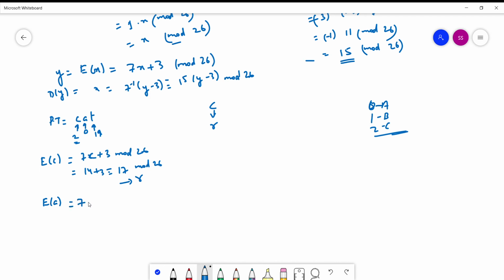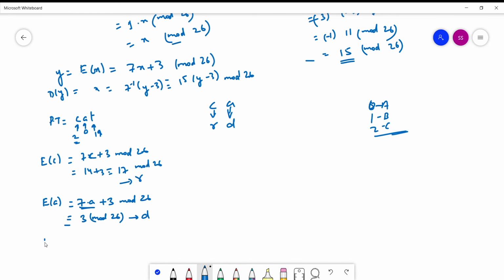So 7 into a plus 3 mod 26. Value of a is 0, so this whole term will become 0, so you will get 3 mod 26, and value of 3 is d. So this a will be encrypted to d.